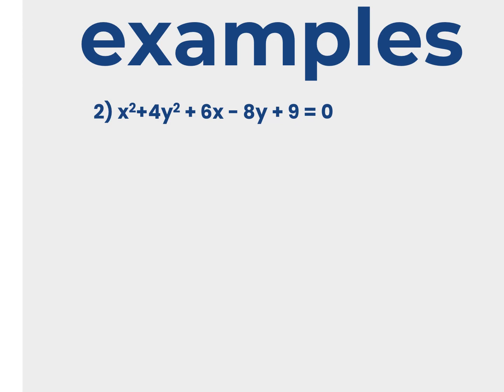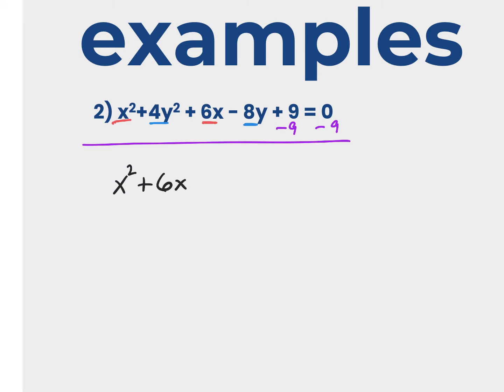So what I'm going to do here is move the 9 to the other side. I'm also going to put my two x variables side by side, and then I'm going to put my two y variables side by side. So I can go ahead now and rewrite this as x squared plus 6x.